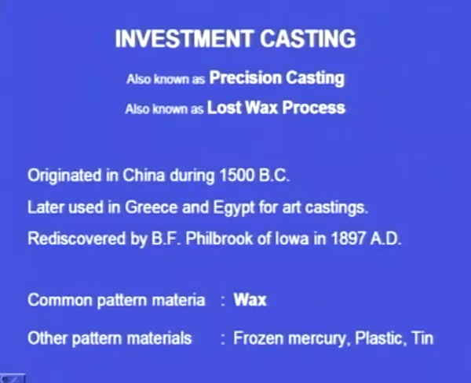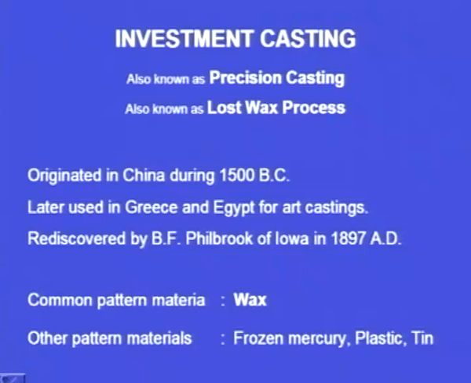They used this technique for making art castings. It was rediscovered by B.F. Philbrook of Iowa in 1897 AD. As I have already mentioned, the common pattern material is wax, and in special cases we also use frozen mercury, plastic and tin.